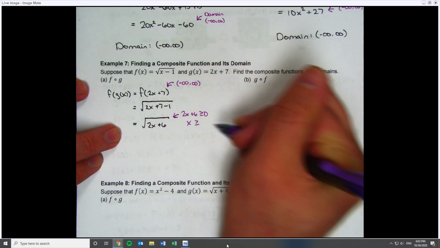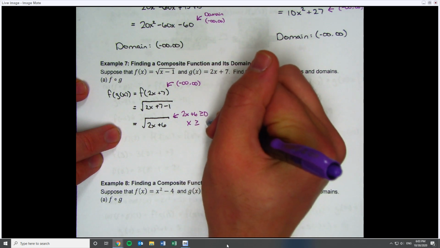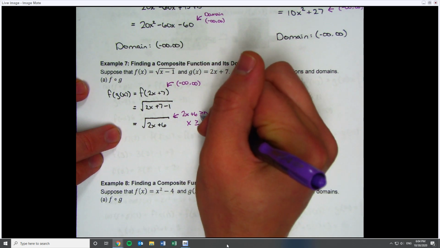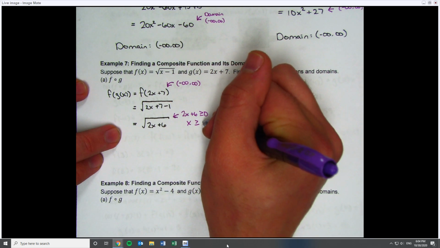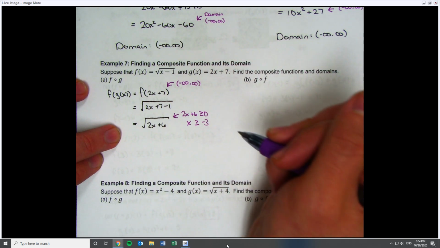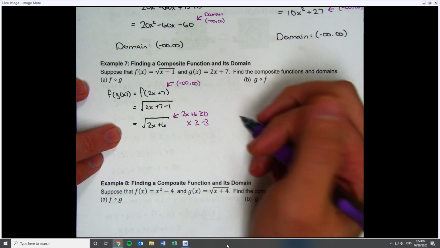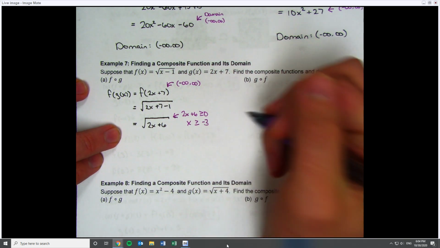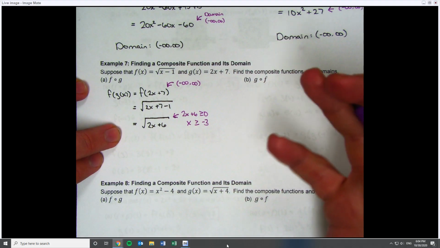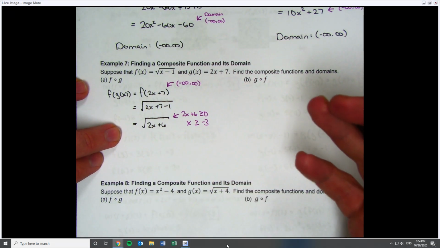Solving that, I get x is greater than or equal to subtract the 6, divided by 2, we get -3. These two don't match. So I have to go with the one that is the most restricted, so it works for everything.